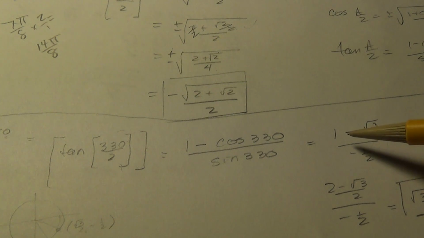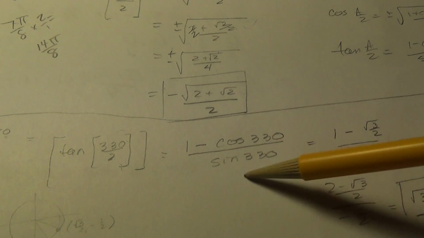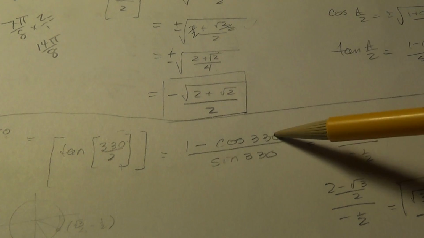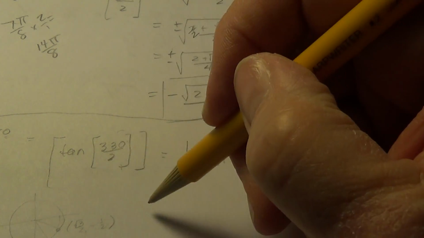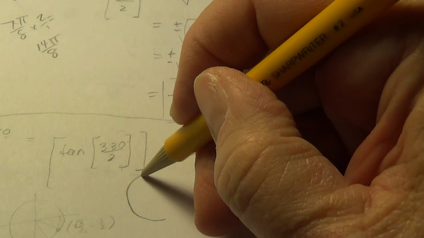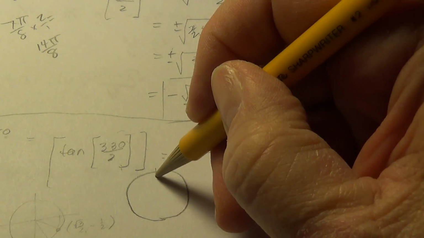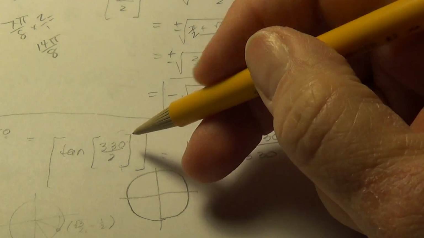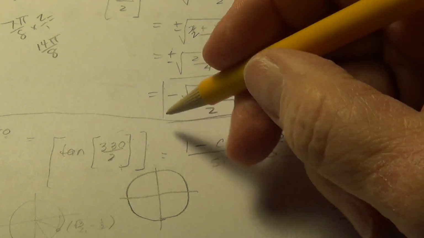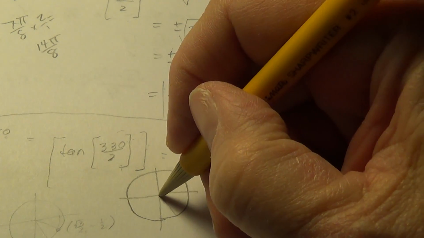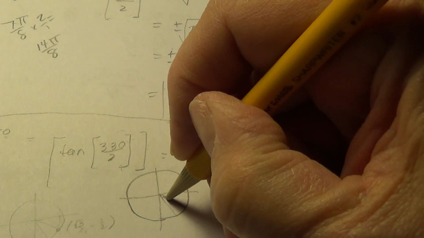You'll have to write out the portion of the unit circle that helps you get that number. So on the test, I wouldn't take the time to draw the whole unit circle, but like for example on this one I need 330. So 330 is right there.